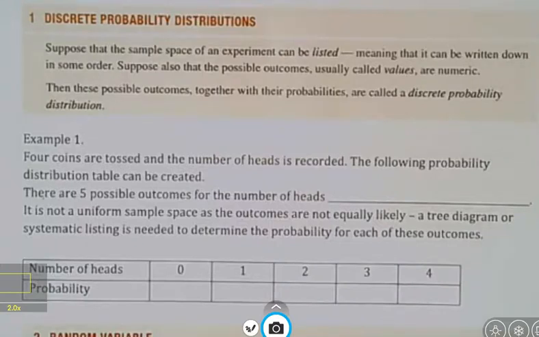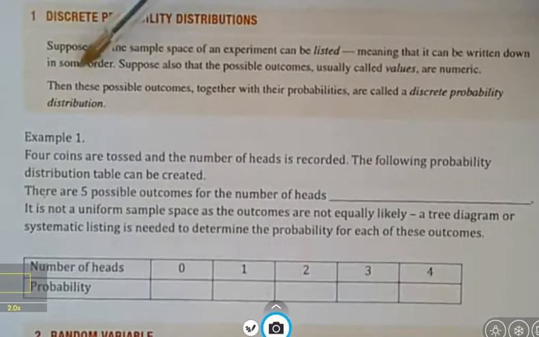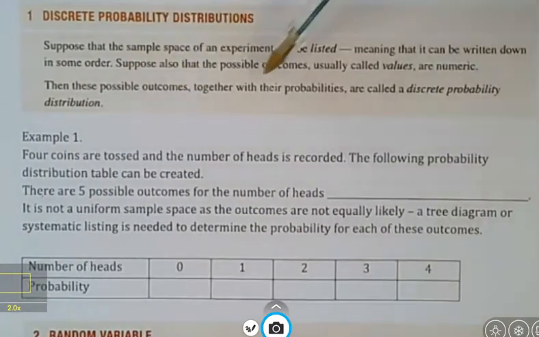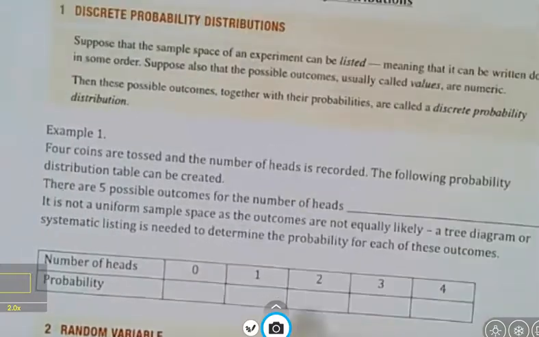And then numerical data is discrete or continuous. Discrete can be counted, continuous is measured, like length, height, weight, temperature, okay? Discrete can be counted, like how many pets. All right, so these numerical values, these possible outcomes together with their probabilities, are called a discrete probability distribution, and it can be drawn up in a table.